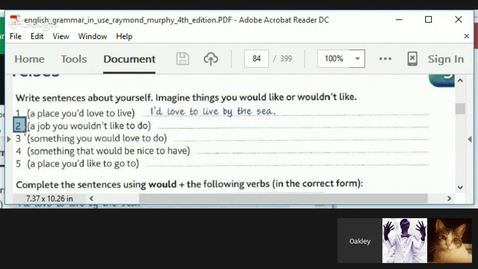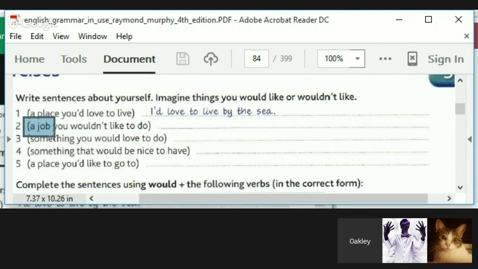Well, you can't say I wouldn't like to meeting because you can't use ing with to. Okay. I wouldn't like to meet with my partners. Okay, that's fine. You're thinking about a job as one particular task. I wouldn't like to clean my room, or I wouldn't like to do the dishes.